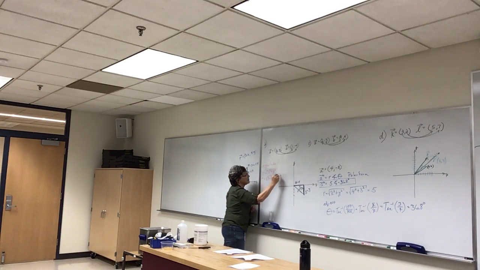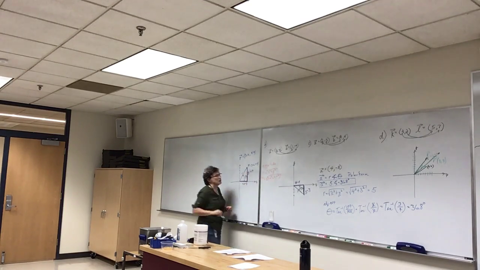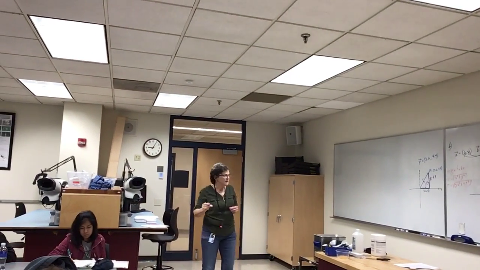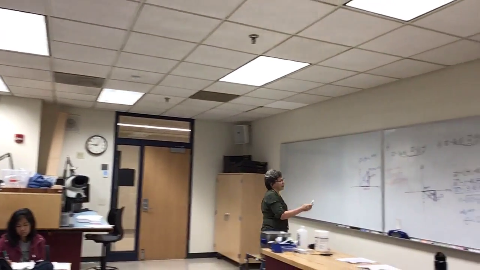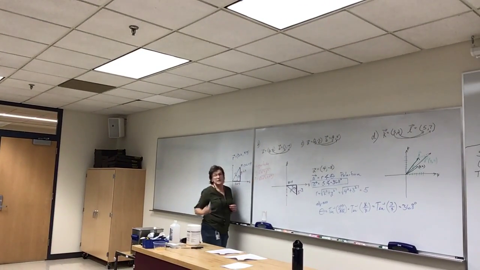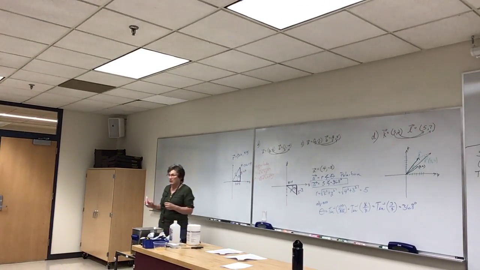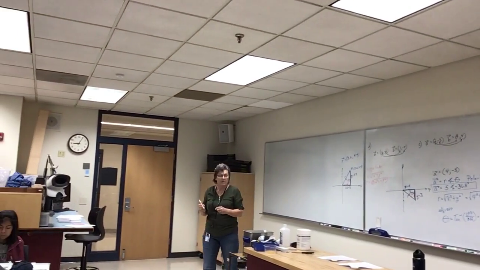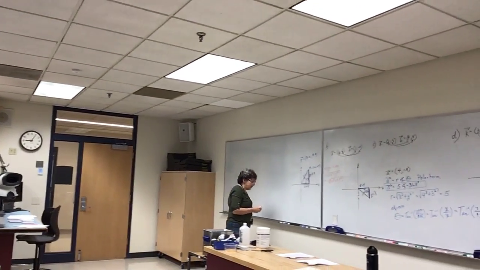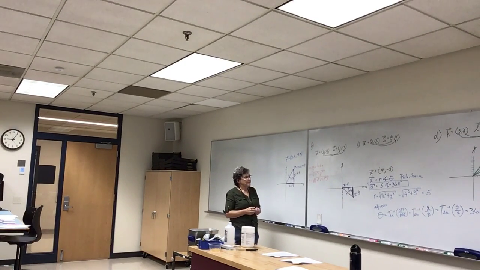When you put these in your calculator, make sure and use parentheses. Otherwise, you're going to end up with the wrong answer. Somebody put it in your calculator. See what you come up with.